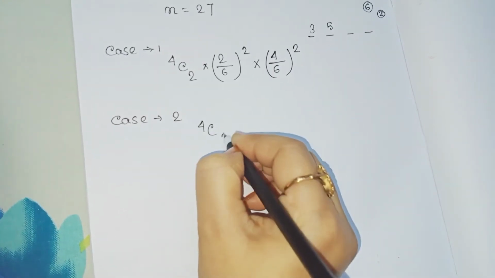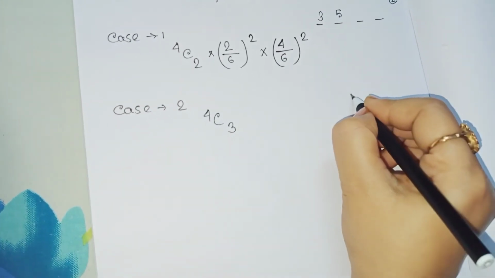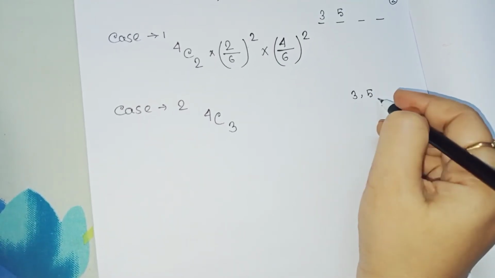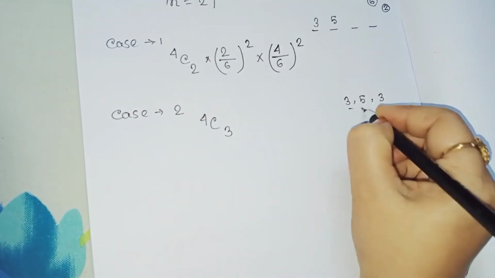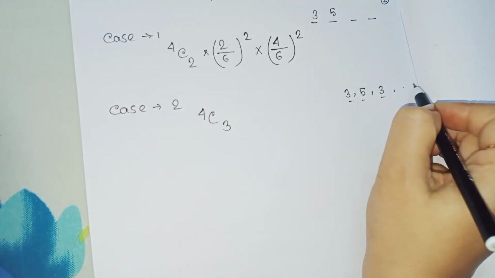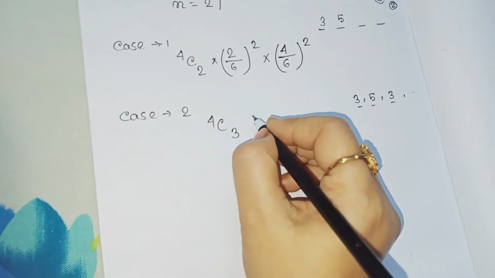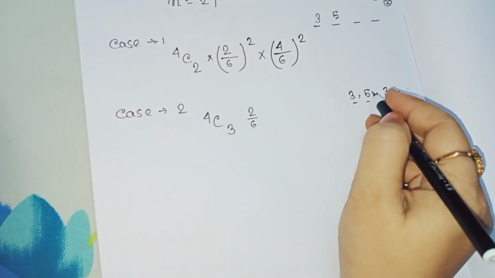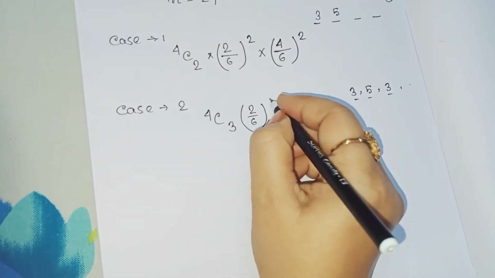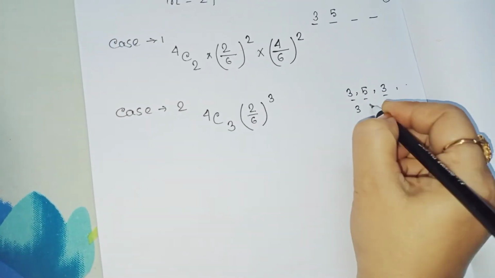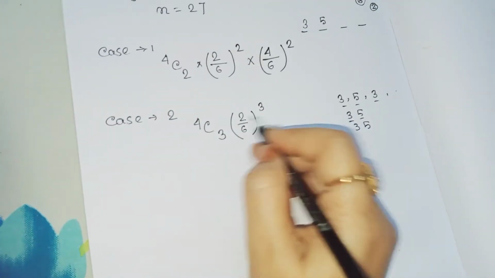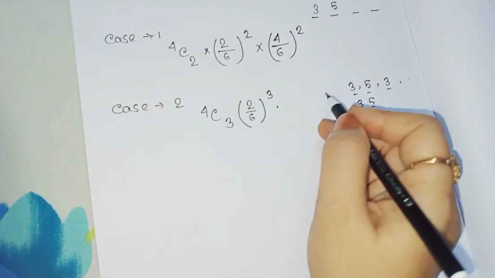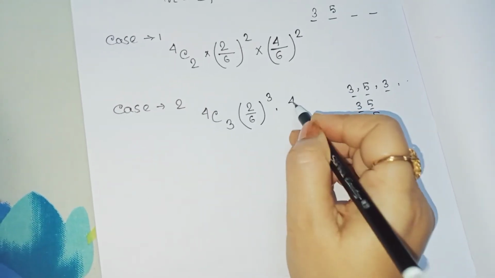We take 4C3, so 3 dice show 3 or 5, and another one is something else. So (2/6) happens 3 times, as 3, 5, and once again 3 or 5. And the other happening term is 4 by 6, which happens 1 time.